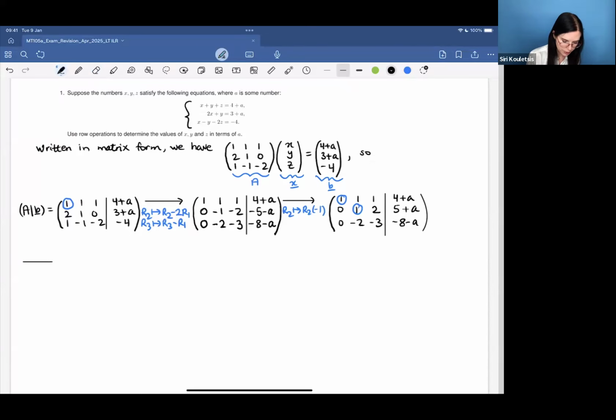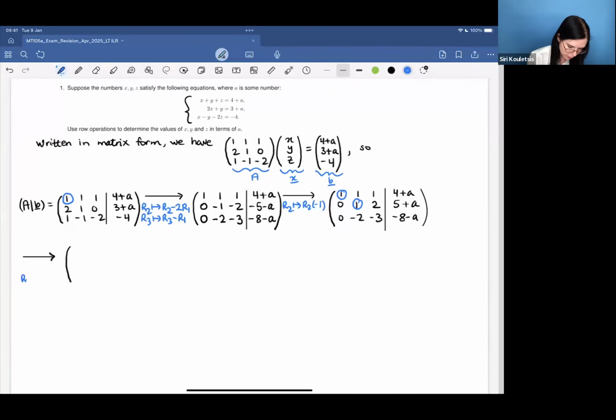And I'm using arrows here. Remember, these matrices are not the same, so we can't use equal signs, because we are changing the equations that these correspond to as we go along. Okay, rows 1 and 2 stay precisely the same.